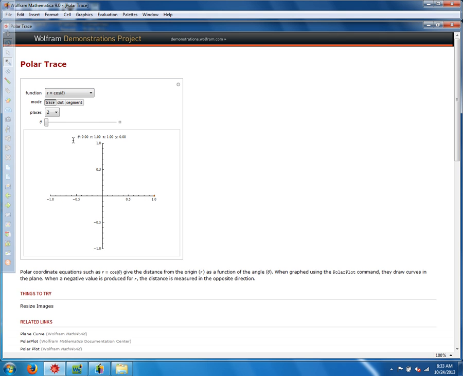Let's start with an easy one. Here's r equals cosine theta. We just talked about that one, right? There's our circle. r equals sine 2 theta. And then we have a nice rose curve. Cosine 3 theta. Oops, it's already traced. So there's our trace.